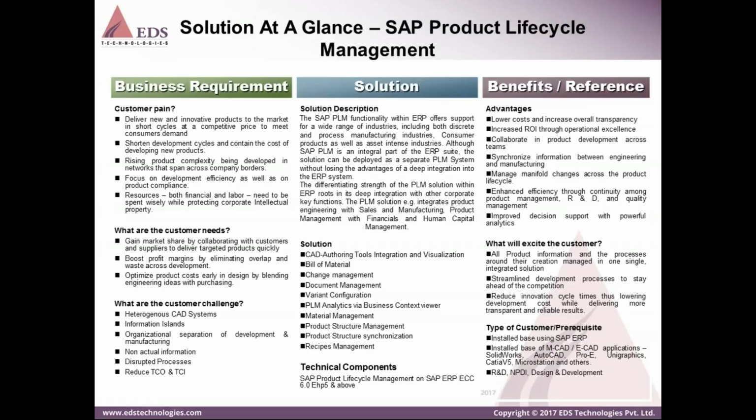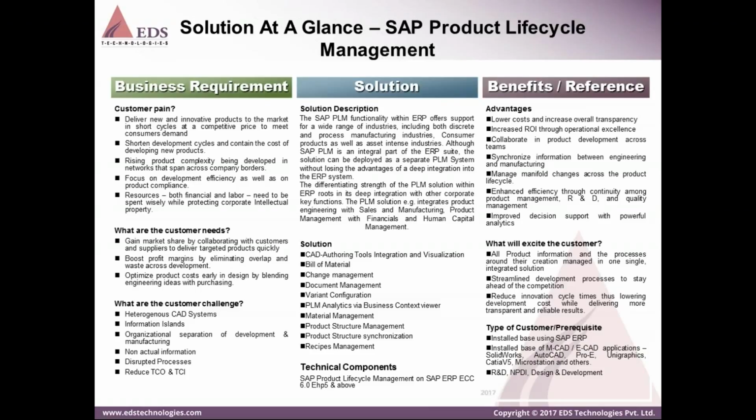Then there is the product complexity being developed in the company, because market demands from consumers are such that you need to always innovate with all the pros and cons in mind, and also the expectations from the market.